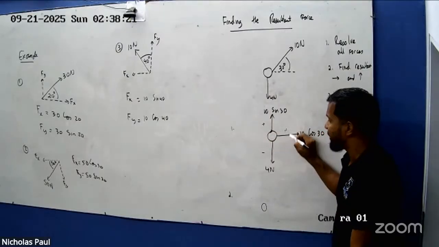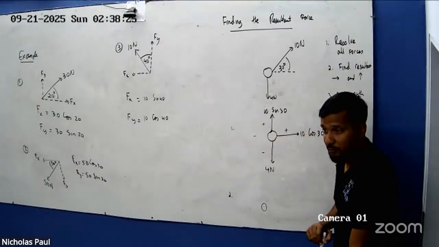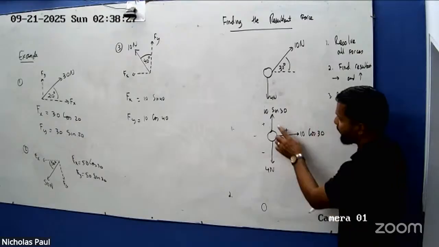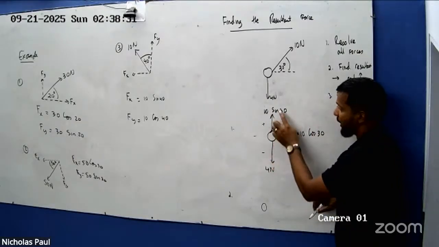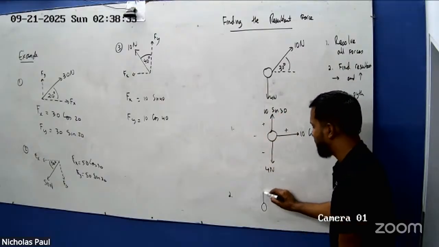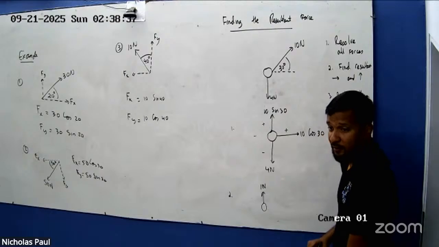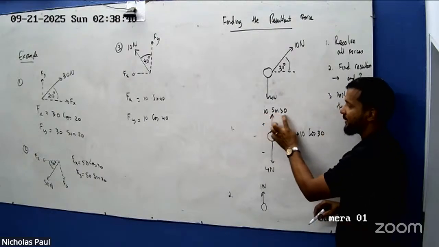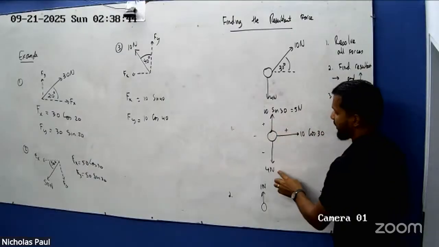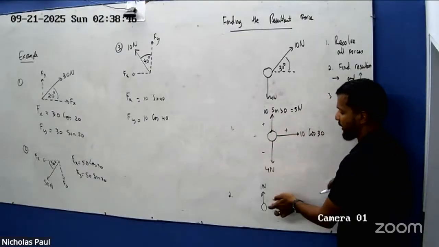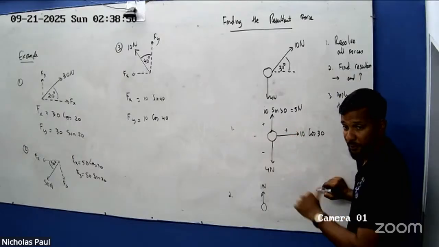So it will be 10 sine 30 plus minus 4. That's 5 plus minus 4, and I got 1. Put this in the calculator: 10 sine 30 is 5, and 5 minus 4 is 1, going upwards. That's okay?